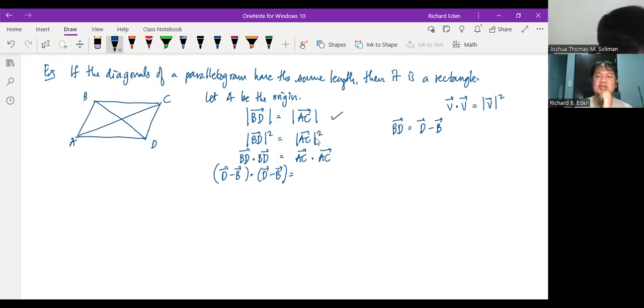Well, AC is C minus A, but A is the origin, so this is just going to be C. Or actually, hold on. If we're using the tip, kahit hindi na pala natin ilagay ang arrowhead, kasi we already know what the starting point is, which is the origin. In this case, it's A. So here, C dot C.